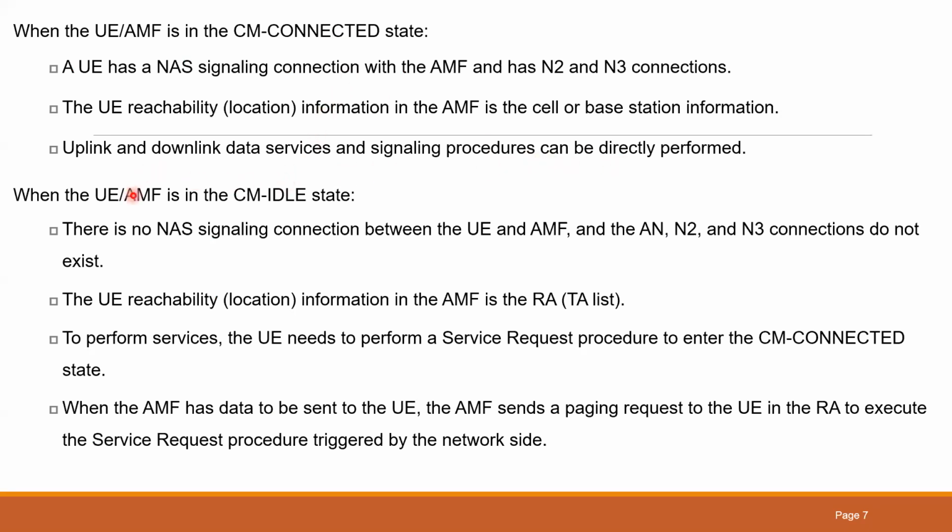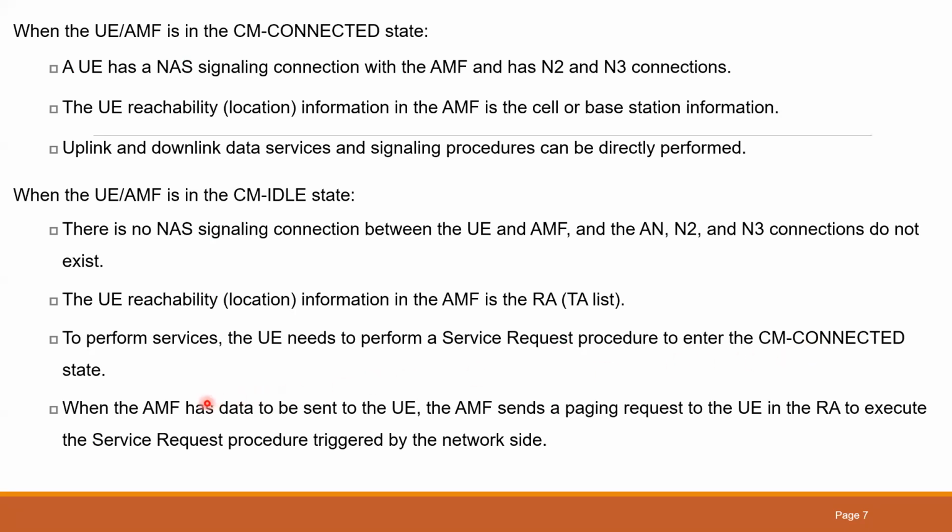In case the UE and AMF are in CM idle state, there is no NAS signaling connection. The reachability information is the registration area, which is sort of your TA list. Previously it was called the TA list, now it's called a registration area. To move from idle state, the UE needs to perform a service request, and if it is successful, the user moves to CM connected state.